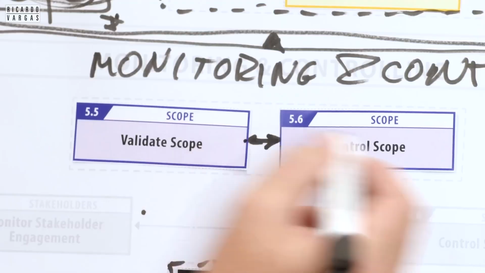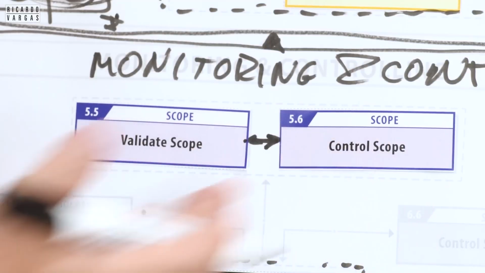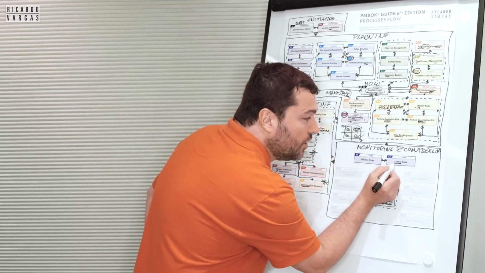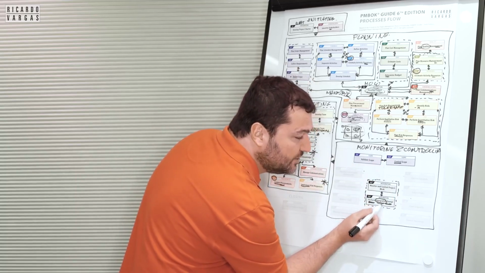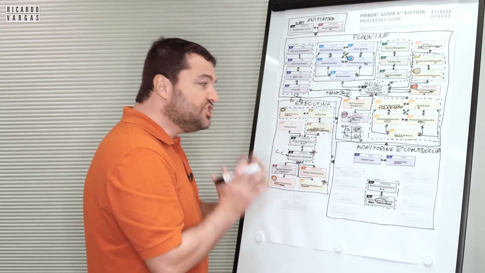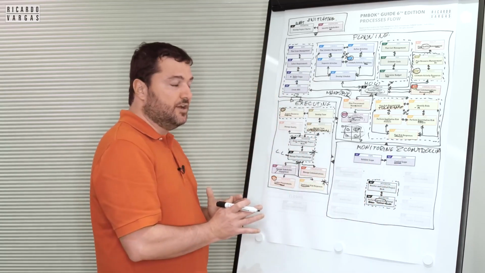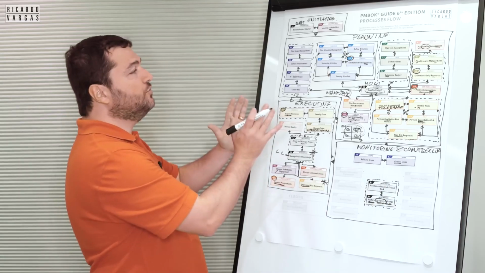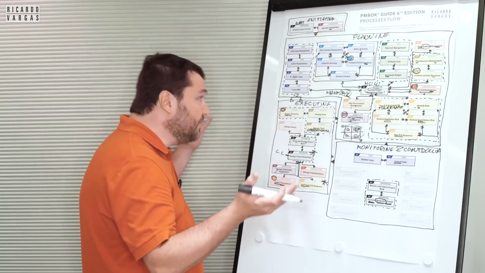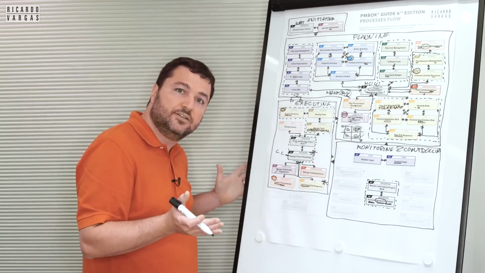And if something is different, I need to control the scope. Remember, all these words starting with control are subsets of this integrated. So here I'm concerned about changes in the scope of the project. For example, I was building a house, and when I see I'm not building a house anymore, I'm building a restaurant. Whoops, what's going on here?